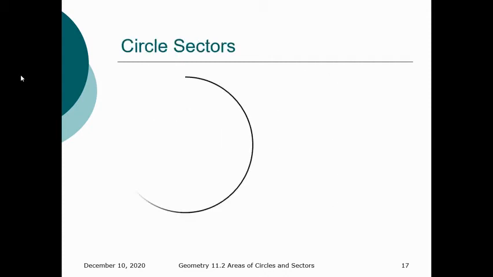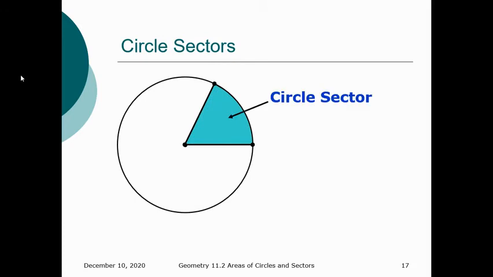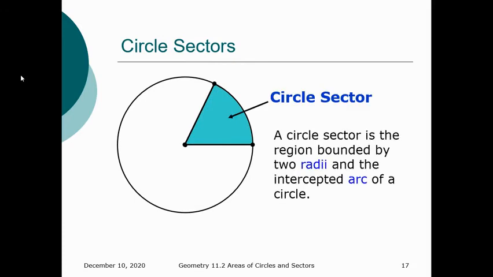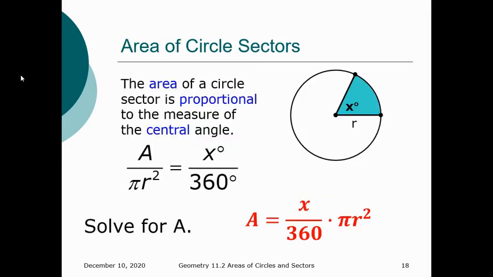Now then, let's take a look. What if we want to look at a sector? Remember that the circle sector is a region bounded by two radii and the intercepted arc of a circle. In other words, the central angle. So we can write it as a proportion, okay?